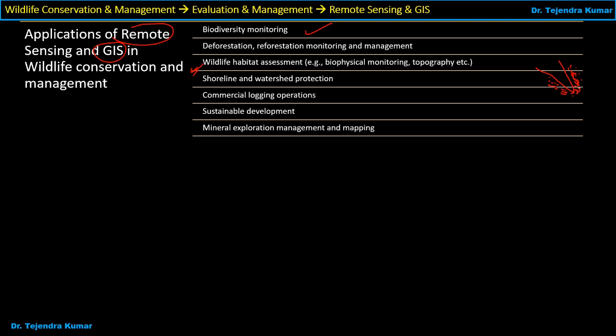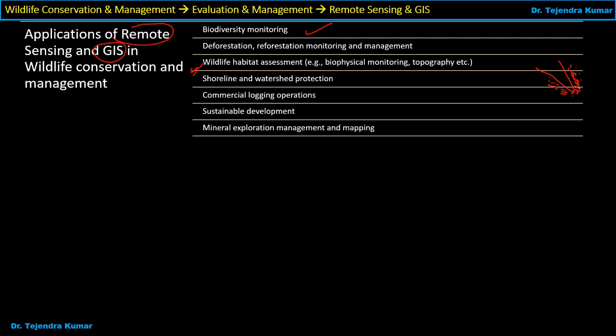So many times we have seen that mineral exploitation is happening. We can reduce it by identifying it from remote sensing and GIS. Their activity can be monitored, and different kinds of minerals are available in different areas that we are not aware of, so these can also be explored.